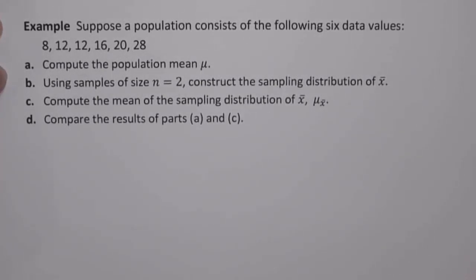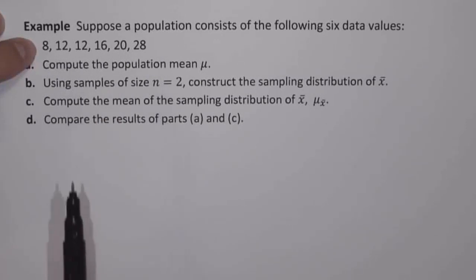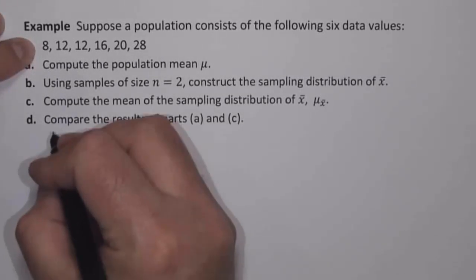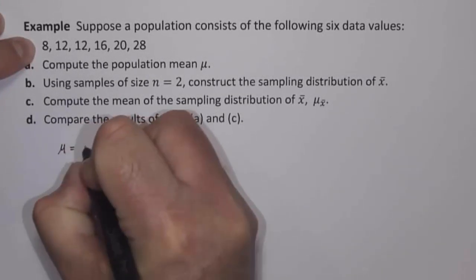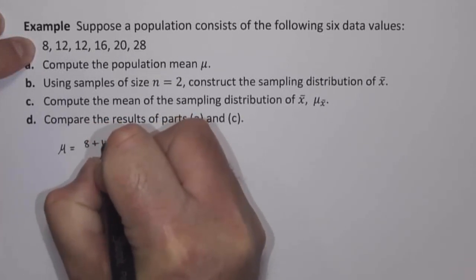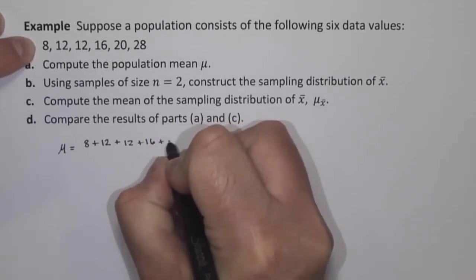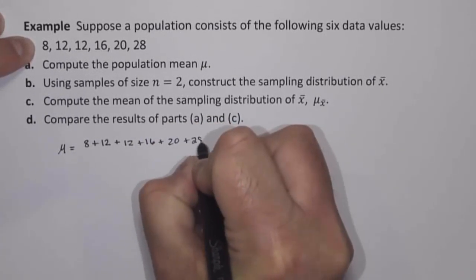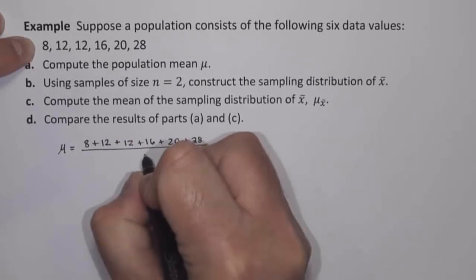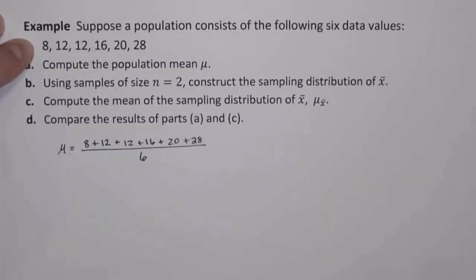So to begin with, we need to find the mean of the population. So to find the mean of the population, we're just going to add up our 6 data values and divide by 6. So mu is going to equal 8 plus 12 plus 12 plus 16 plus 20 plus 28, and that's all going to get divided by 6 because there are 6 data values.